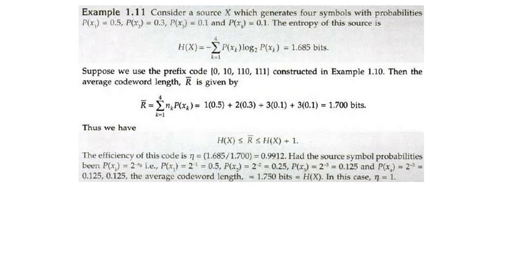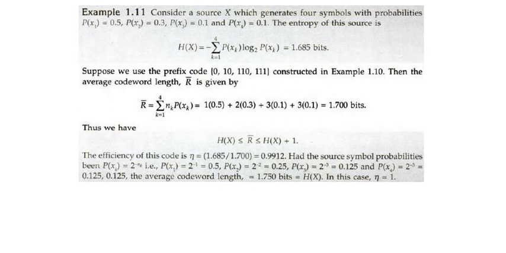Let us see one example. Consider a source X which generates 4 symbols with probabilities P of x1 is 0.5, P of x2 is 0.3, P of x3 is 0.1 and P of x4 is 0.1. The entropy of the source is H of X, as we defined earlier, minus summation of k from 1 to 4, here L is 4, number of symbols L equal to 4, P of xk log P of xk.